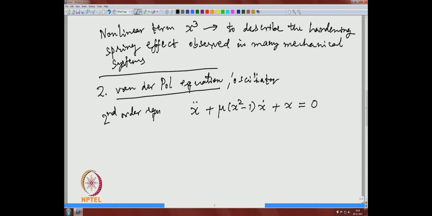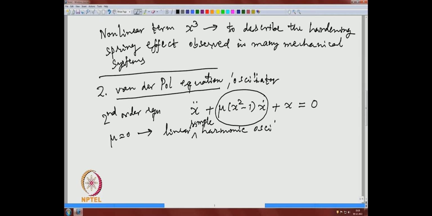So, when mu is 0, you see that this term vanishes and you get back our simple harmonic oscillator. So, when mu is equal to 0, this leads to linear harmonic oscillator, simple harmonic oscillator. So, this nonlinear term is added to that, and we see whether you still get periodic solutions.